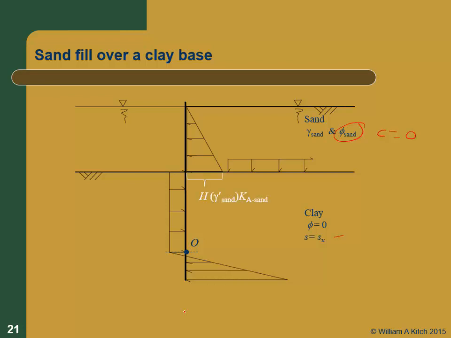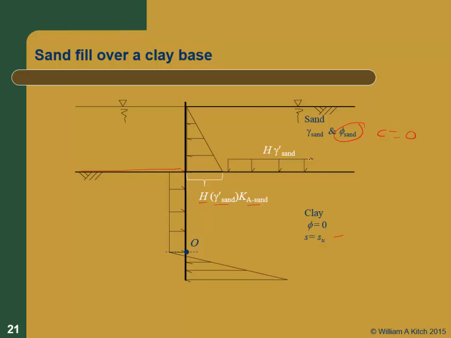Well, this is actually pretty simple. If you think about it, you're going to have your active earth pressure above the mud line, and it's just going to be H times the buoyant unit weight of the sand times your K active.